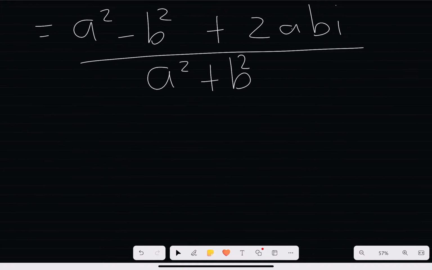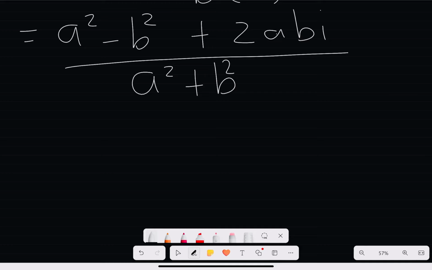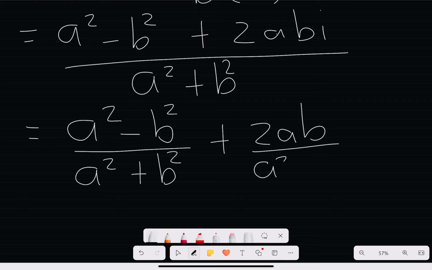Then we are going to have a squared minus b squared all over a squared plus b squared, plus 2ab all over a squared plus b squared, and then here there's an i. I'm separating the imaginary part and the real part.